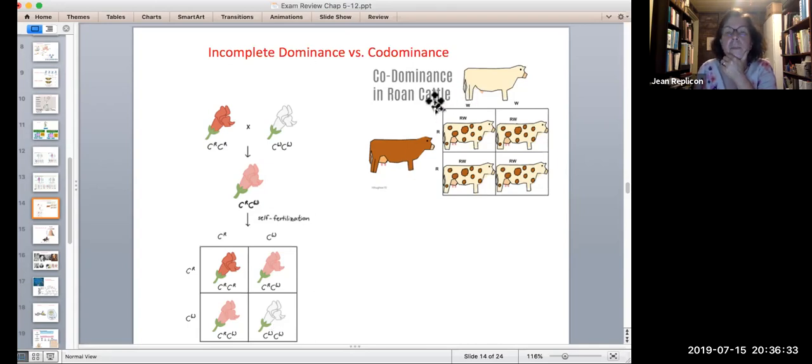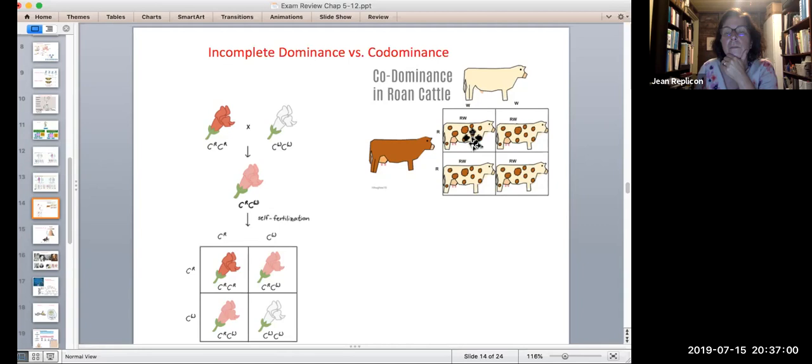Whereas codominance, it's not a blending like you see here, but both show, like in this roan cattle, when you cross this brown color with this beige color, you don't have some in-between color that results. The brown appears as big splotches on the beige.